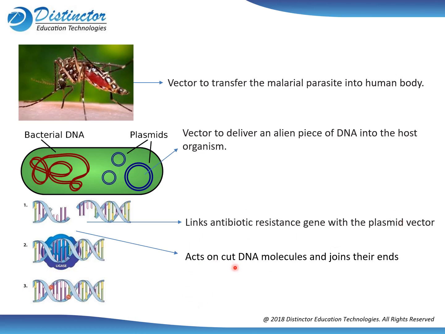It acts on cut DNA molecules and joins their ends. This DNA ligase seals the gaps in the DNA strand. So they used DNA ligase to join the antibiotic resistant gene with the Salmonella typhimurium plasmid. So this plasmid acts as a vector.